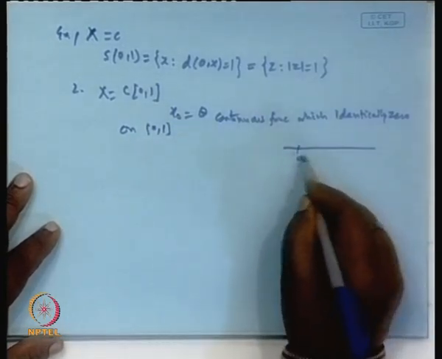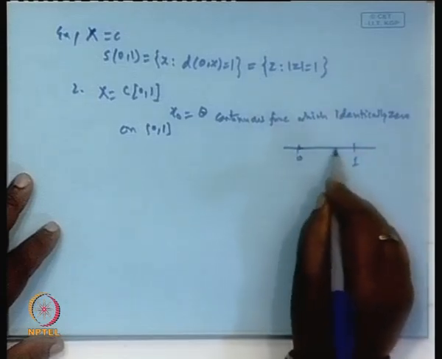So, here this is the interval [0,1] and theta is lying here.